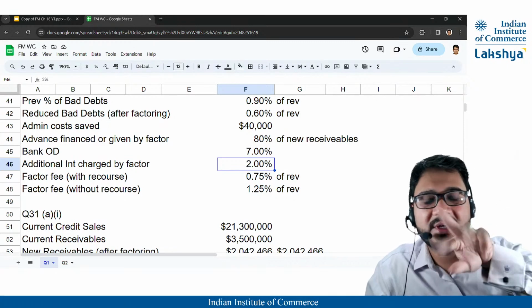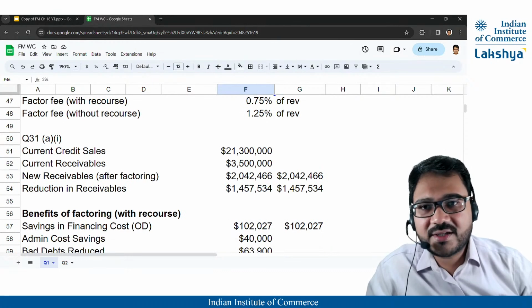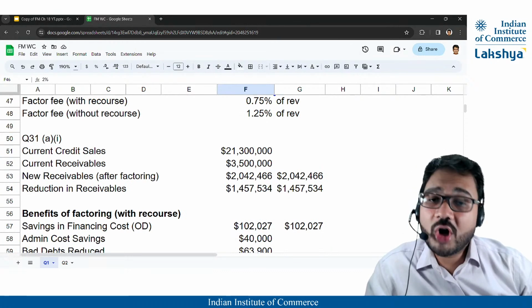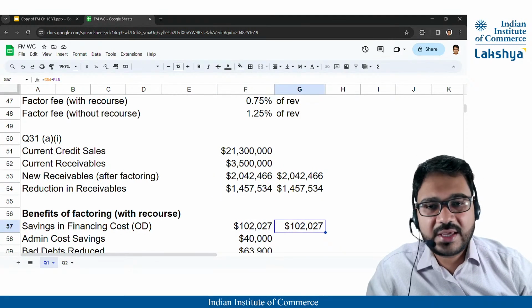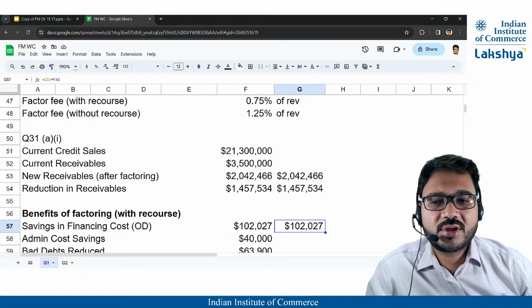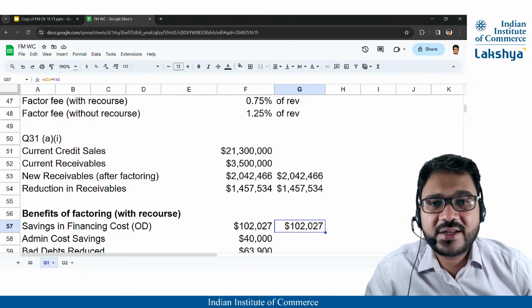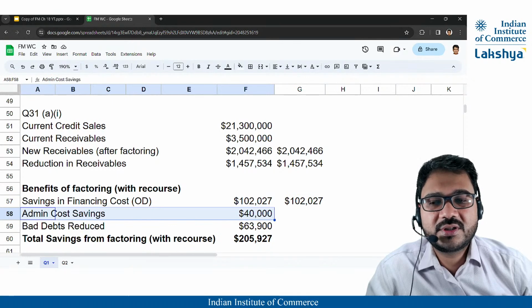We are just doing a comparison that if I did factoring, I would not have to take 1.4 million as OD. So I am saving there. If I had taken factoring, then I am saving admin costs.